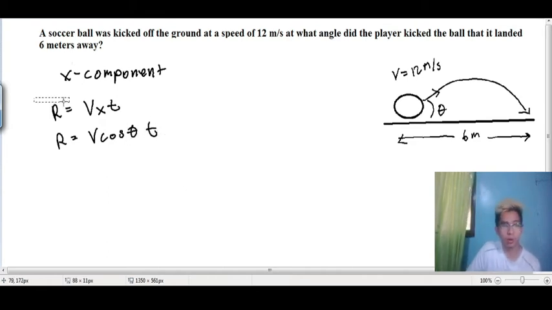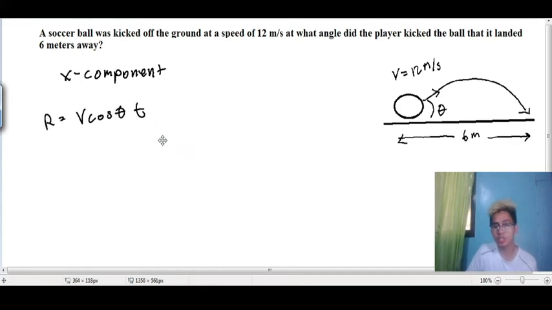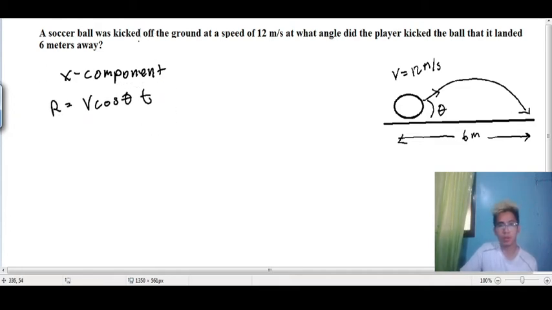So in this equation, we cannot easily determine the range because the time isn't given, so we should find the value of time in the y component. So let's try to find the value of time in the y component.